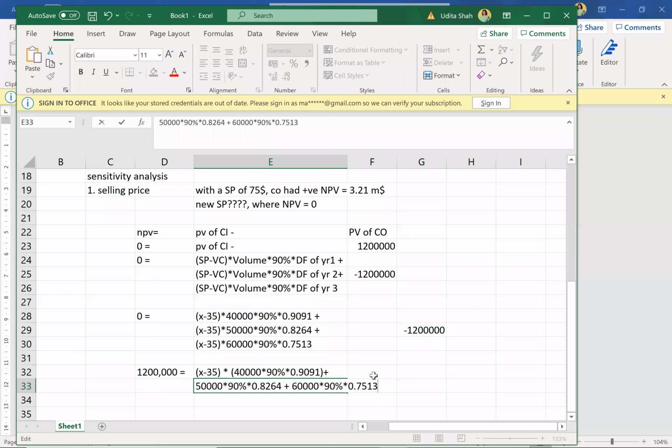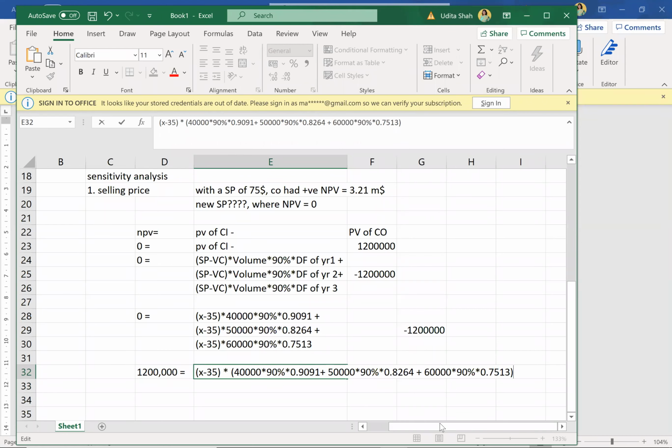Correct? See the two brackets. See if you understood these two brackets. I'll just write it over here if you want. You have to form this equation only once. In the entire problem, you just need to form this equation only once.